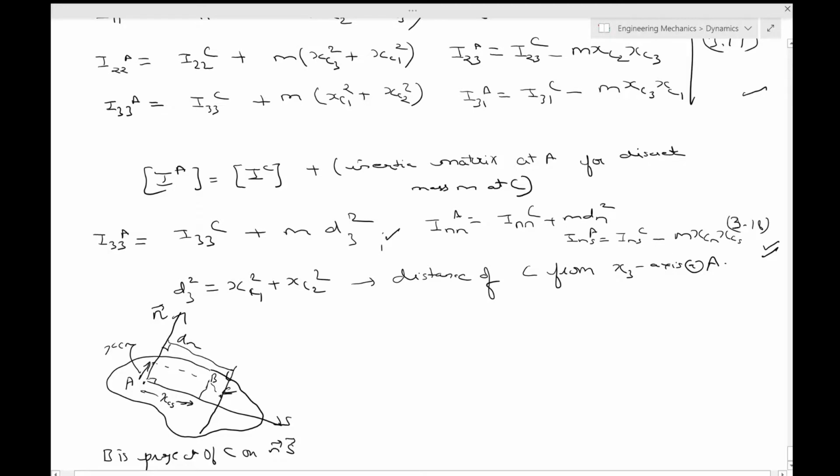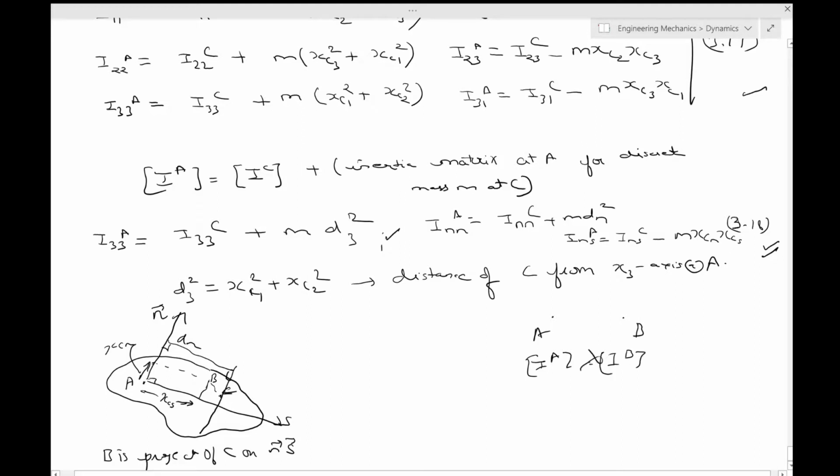So one good thing about the parallel axis theorem is that it's not really valid for any 2 points. One of the points has to be the center of mass. For example, if you have 2 points A and B which are not centers of mass, then you cannot write IA in terms of IB.